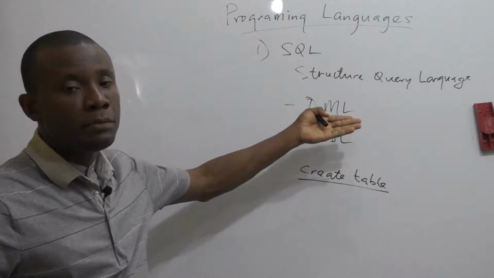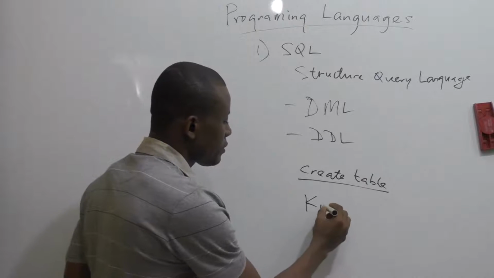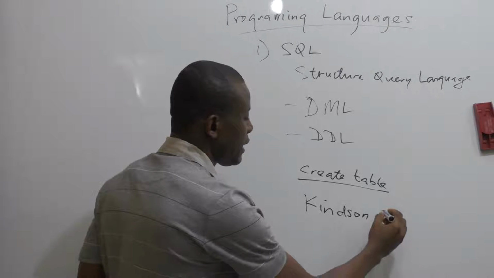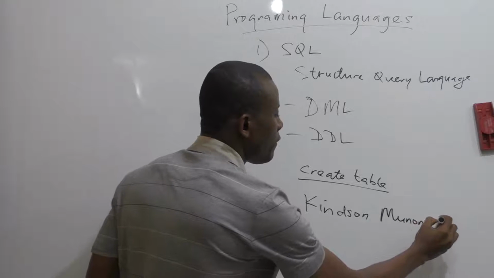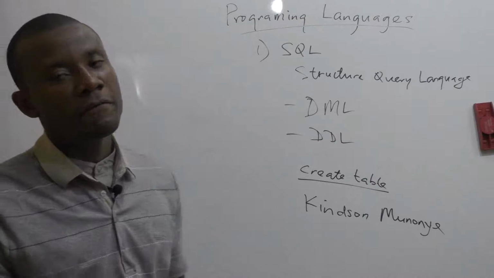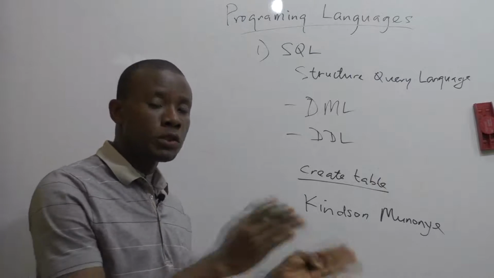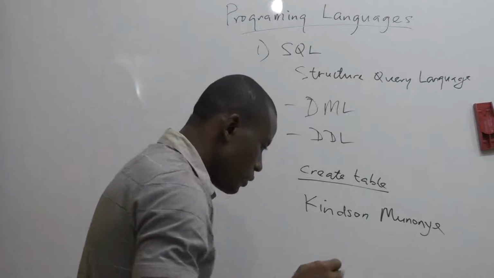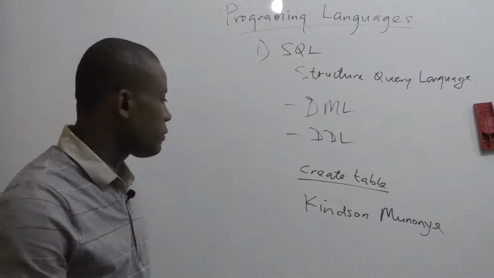Then DML is data manipulation language. For instance, if I have my name to be Kindson and I have my surname, let's assume I change my first name. You may have a query that goes to the database to make that correction for you, and you are manipulating the data by changing this.